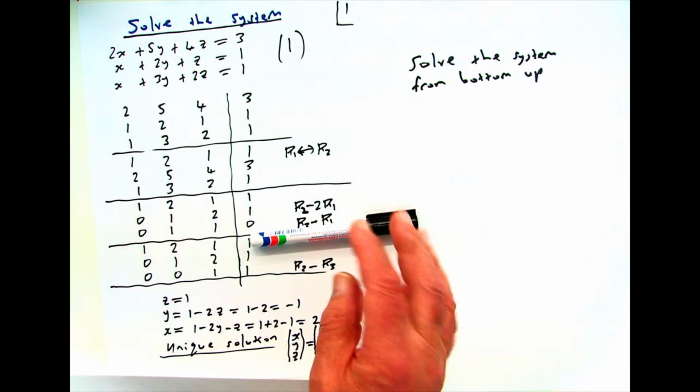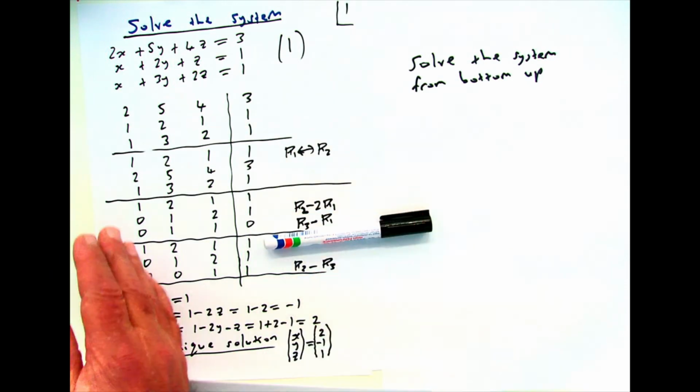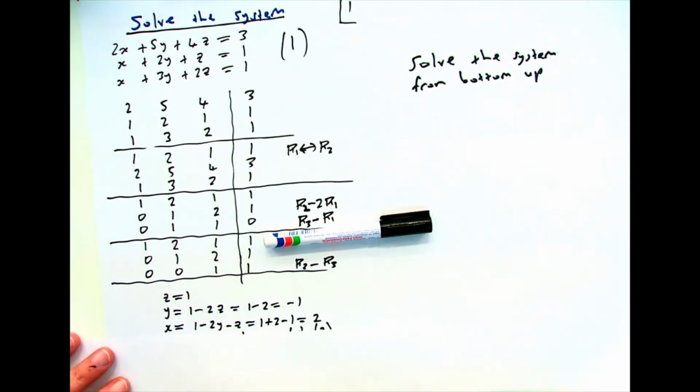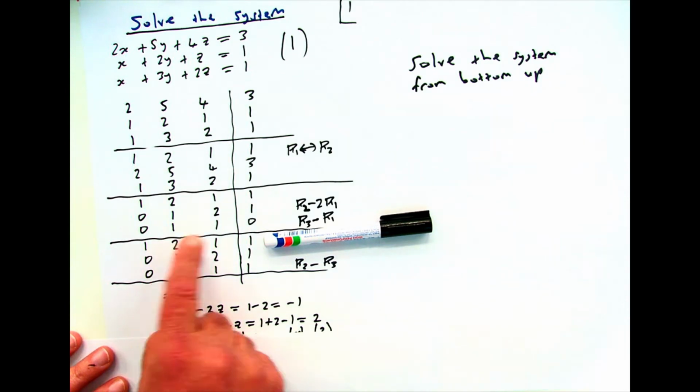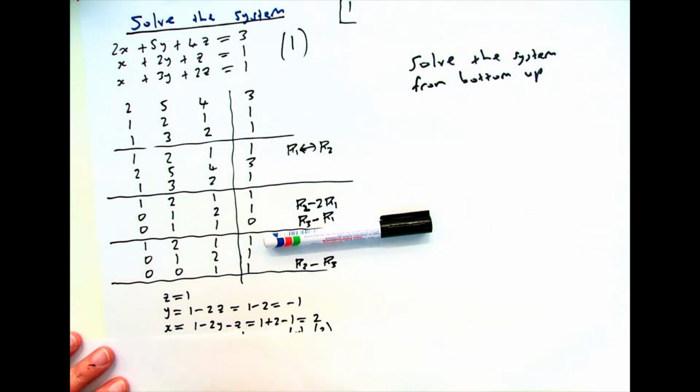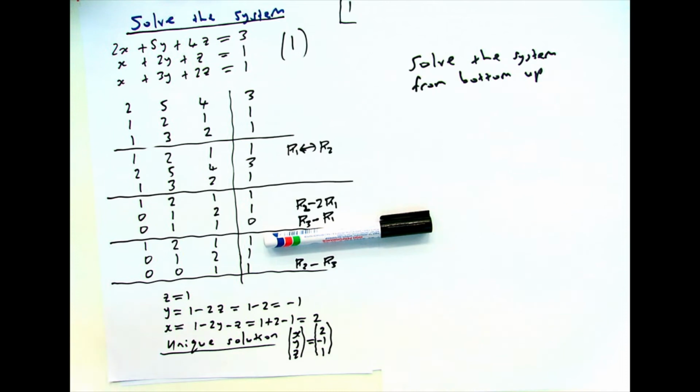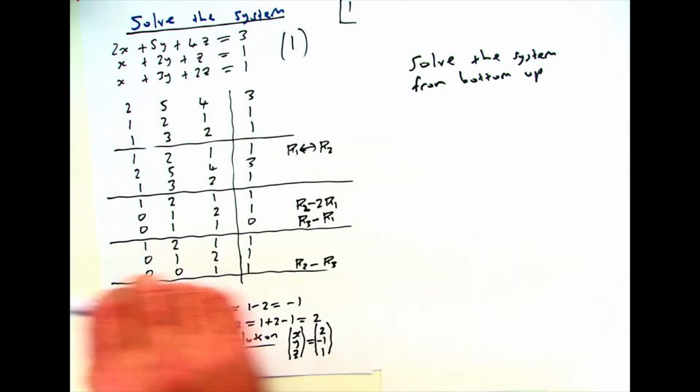So we take everything over to the right-hand side. X is 1 minus 2y minus z. The 2y and the z are going over. And we know y and z, so we've got x now. X is 2. So we've got a unique solution.